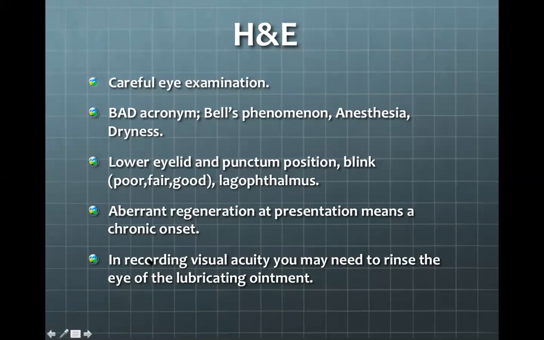Remember, in recording visual acuity in those patients, always make sure that the eye is not covered with a layer of lubricating ointment, because those patients have a poor blink, so the ointment would still be there on the cornea, and this will affect the visual acuity strongly. So you can find 20/100 when, if you remove the ointment, it's 20/40 or even 20/20.